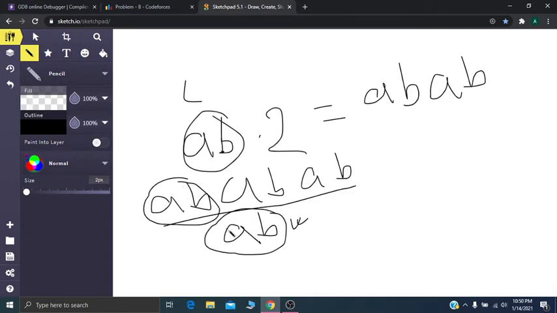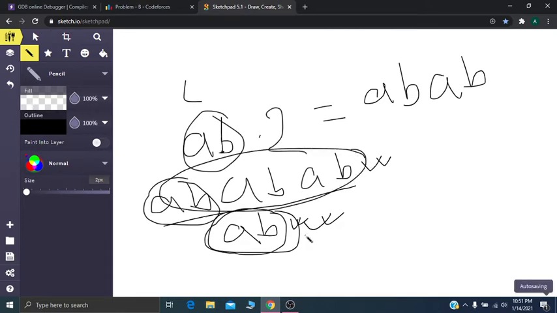If I say yes, this string is divisible by this, it means I can always make this string if I concatenate this string some number of times, which will be the result.